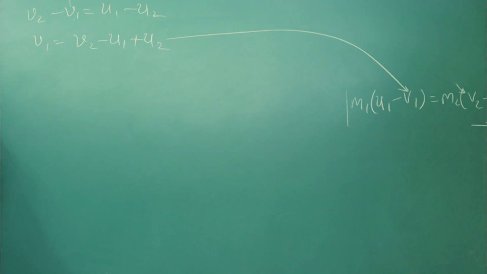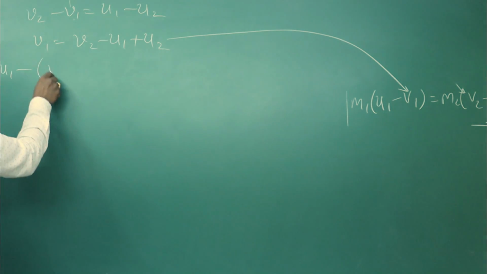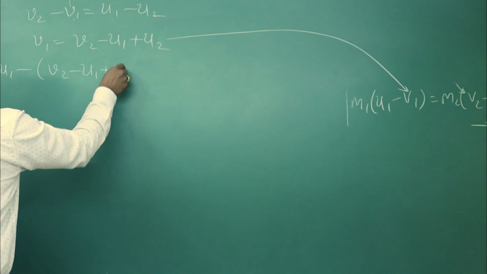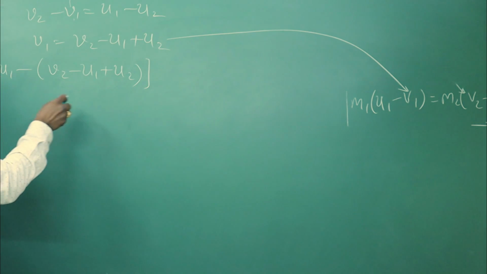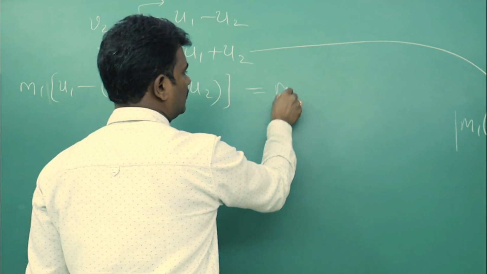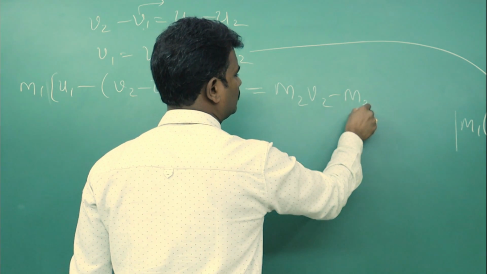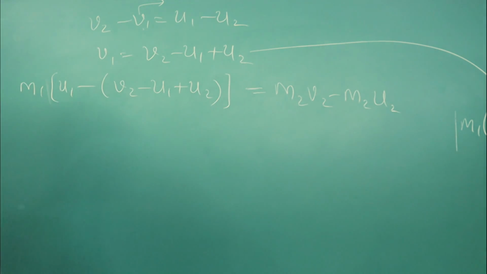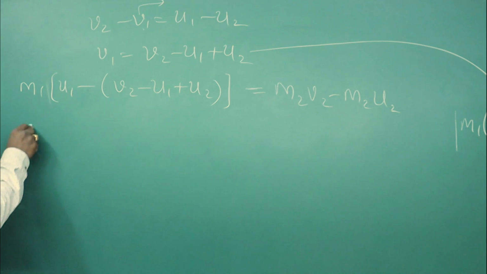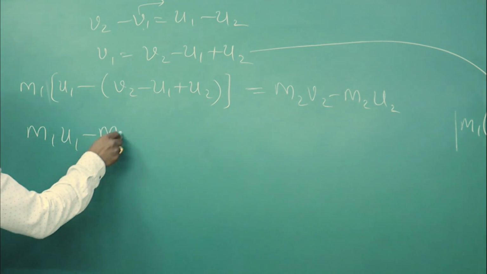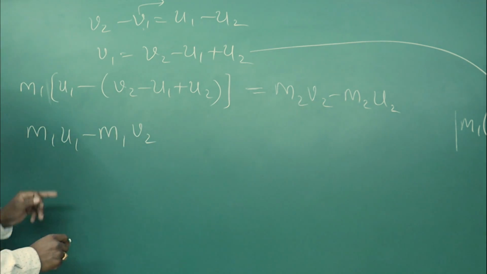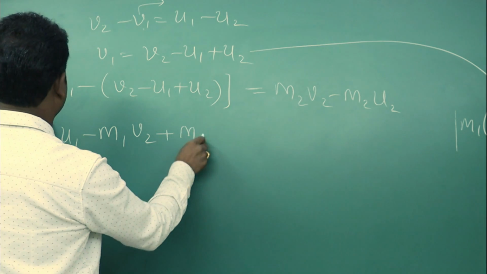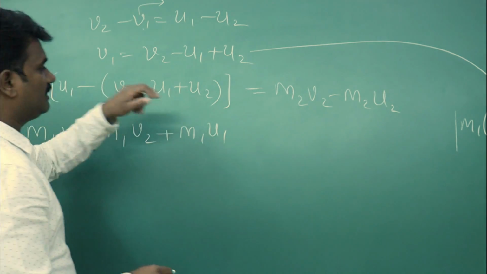So that is m1 into u1 minus, instead of v1 I can place this, is equal to m2 v2 minus m2 u2. Upon expanding this, minus of minus is plus, minus into plus is minus.